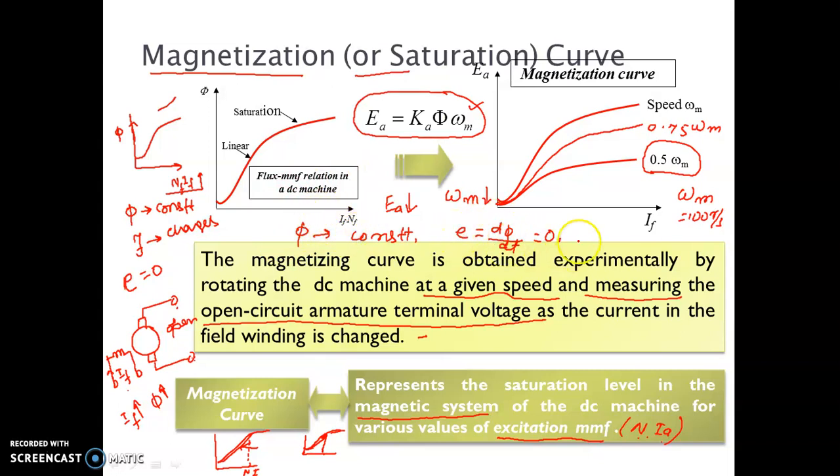Once the induced EMF is 0, what will be the armature power? Because E_A is 0, it will also be 0. You are giving energy but not taking any output, so where will this energy go? This energy has to go somewhere.